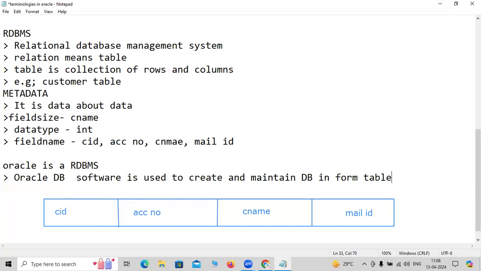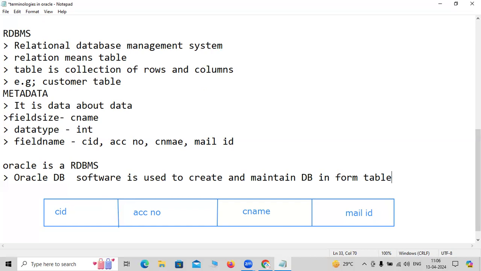So basically, NoSQL stores the data not in the form of table, but the Oracle software is basically an RDBMS. So an RDBMS always maintains the database in the form of table.